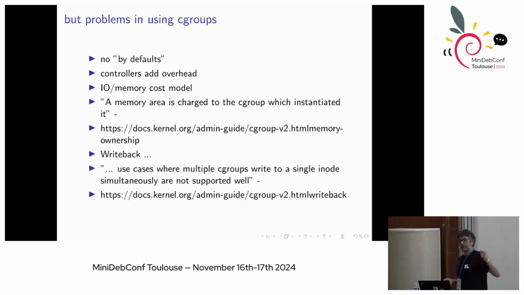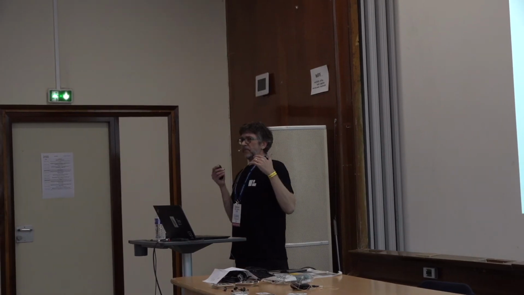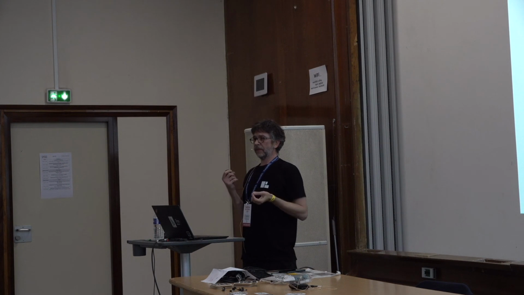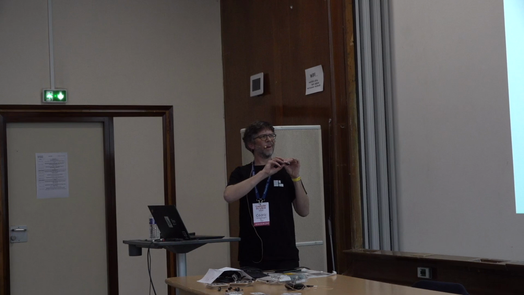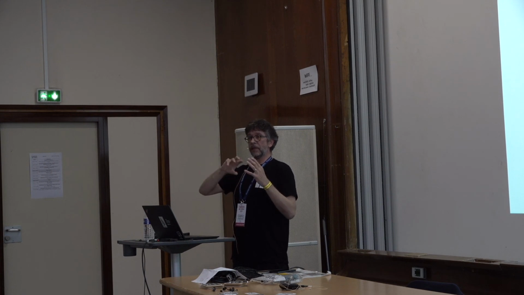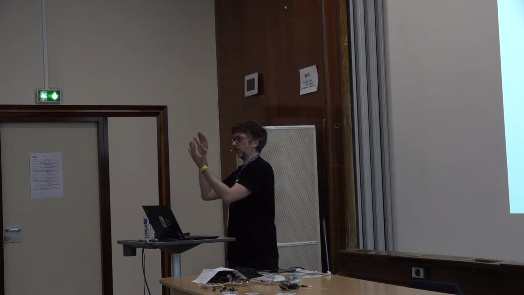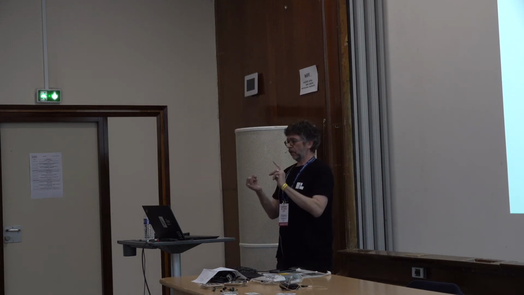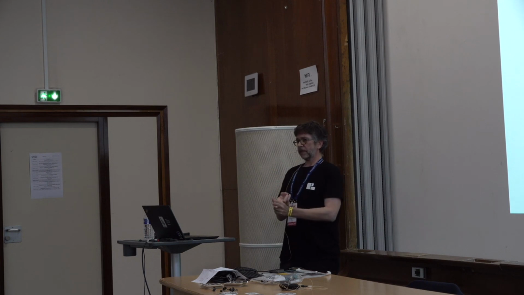With cgroup V2, the cgroup which does the most I/O on an inode keeps the inode on its cgroup. So on a cgroup, you have, I believe this is called a foreign page, and at some point, if there are more foreign pages than local pages, then the inode information is going to move to the other cgroup. Okay? So it means that in PostgreSQL, the checkpointer, background writer, and backends are going to work on the same files, on the same inodes.